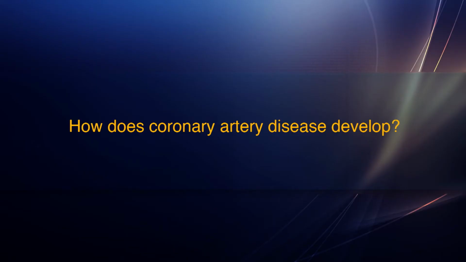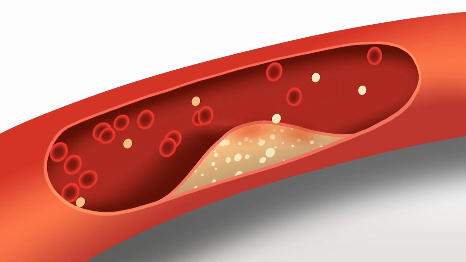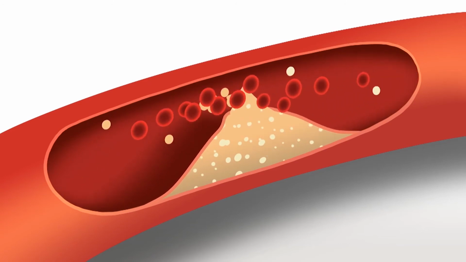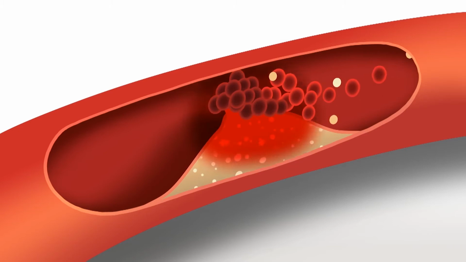How does coronary artery disease develop? From a young age, plaque starts to go into your blood vessel walls. As you get older, the plaque builds up. That inflames the walls and raises the risk of blood clots and heart attacks. The plaque makes the inner walls of your blood vessels sticky.